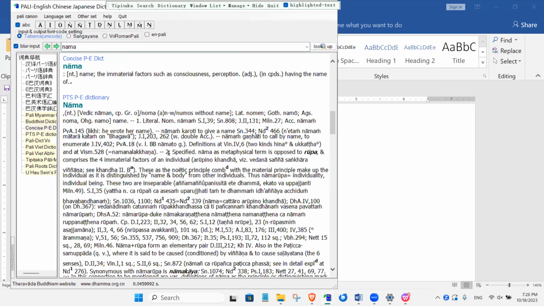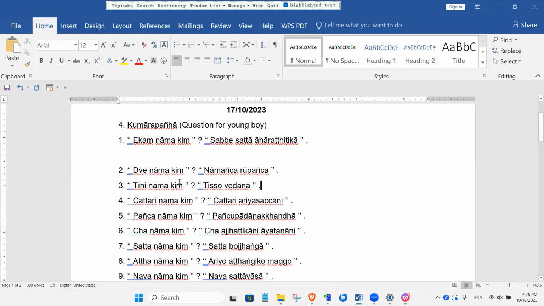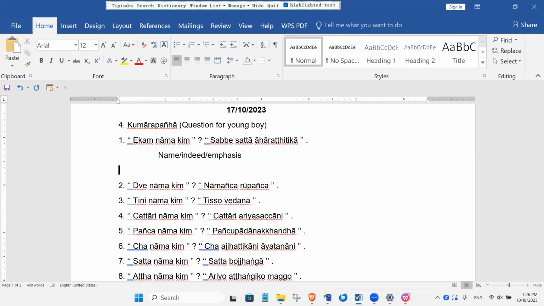Sometimes it can mean name, sometimes it can just mean indeed, an indeclinable, or just call it emphasis. So you don't need to translate.